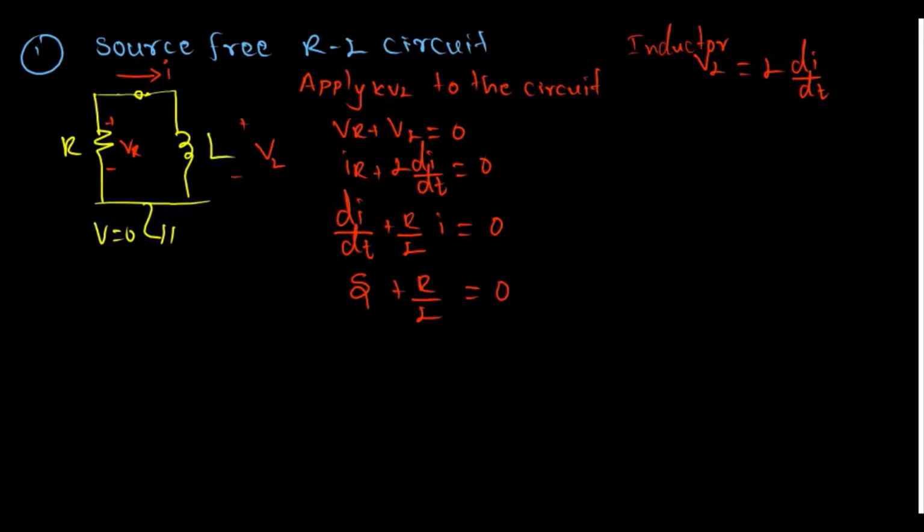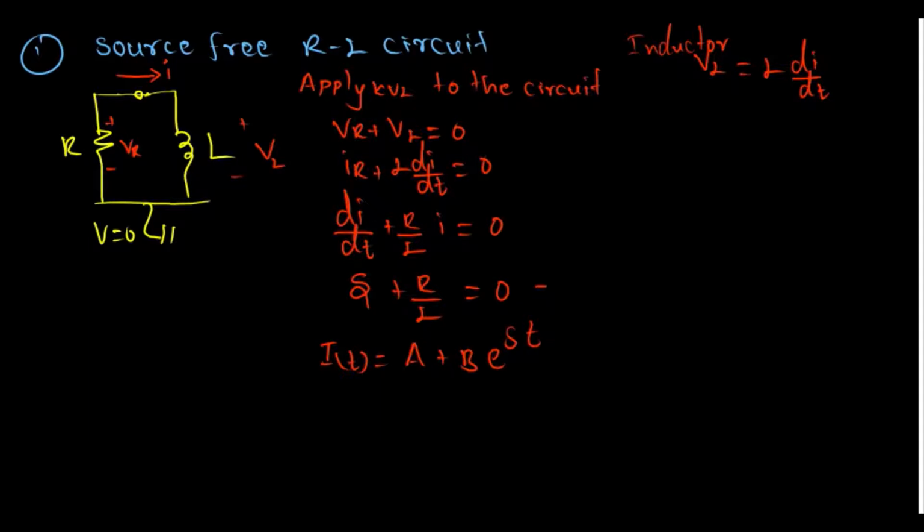It's a differential equation, and this type of differential equation has answers of the form I(t) is equal to A plus B times e to the power St. This is the answer type.